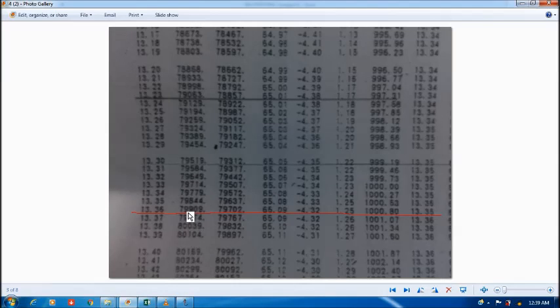As you can see, you just draw a line here, a red line. You can see 79,900, which is the nearest value, and adjacent to it, you can see the draft at center of flotation, 13.36. That's why we get the draft at center of flotation.